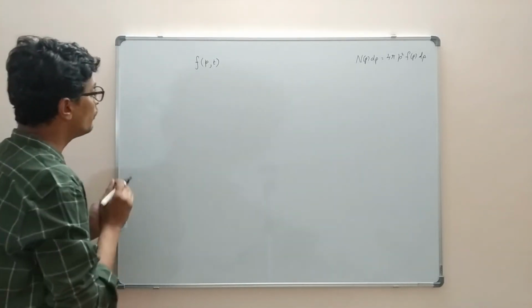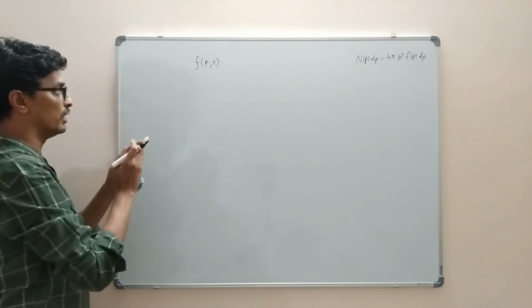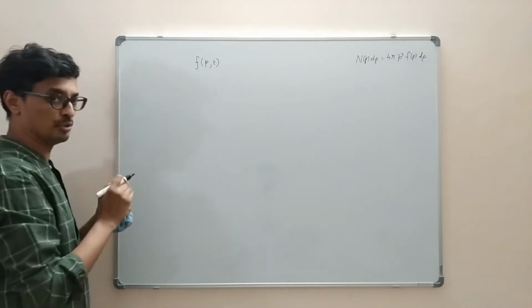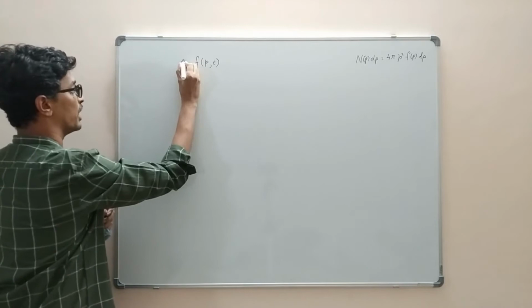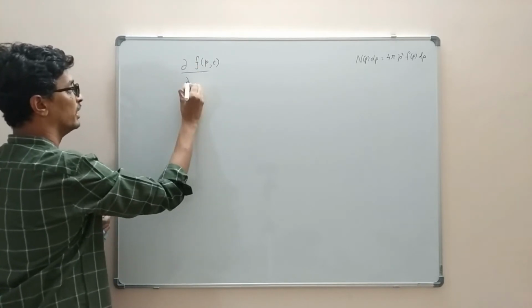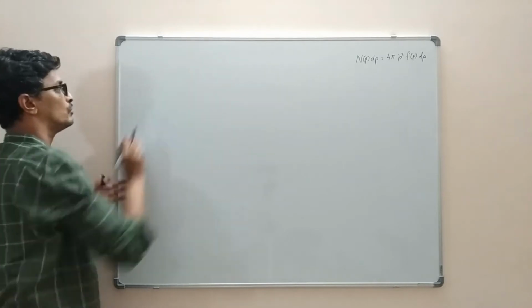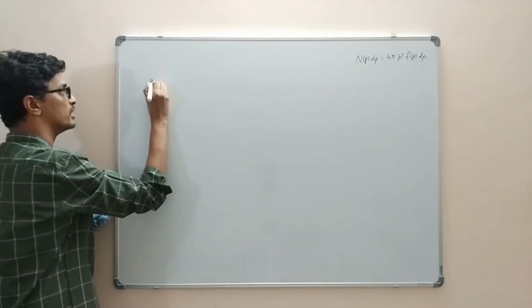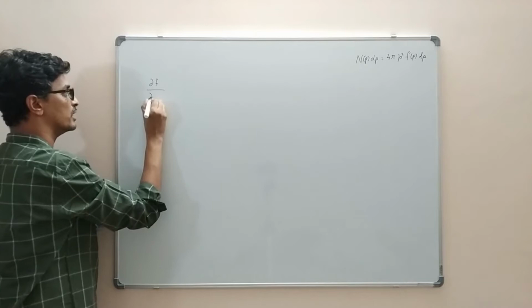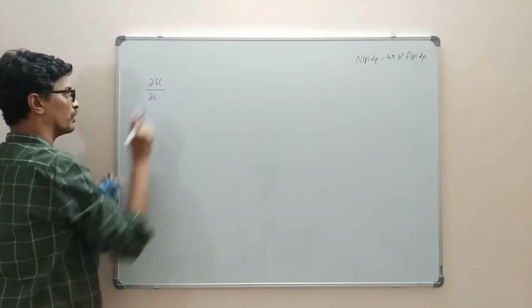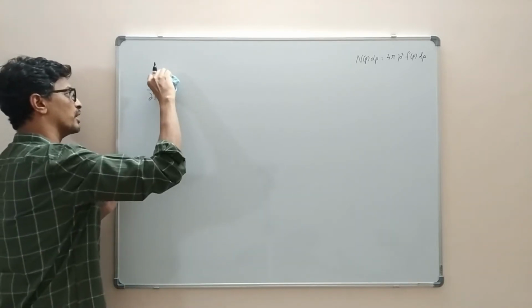Now what we are interested in is the evolution of this momentum distribution function with respect to time, that is ∂f/∂t, where f is a function of momentum and time.